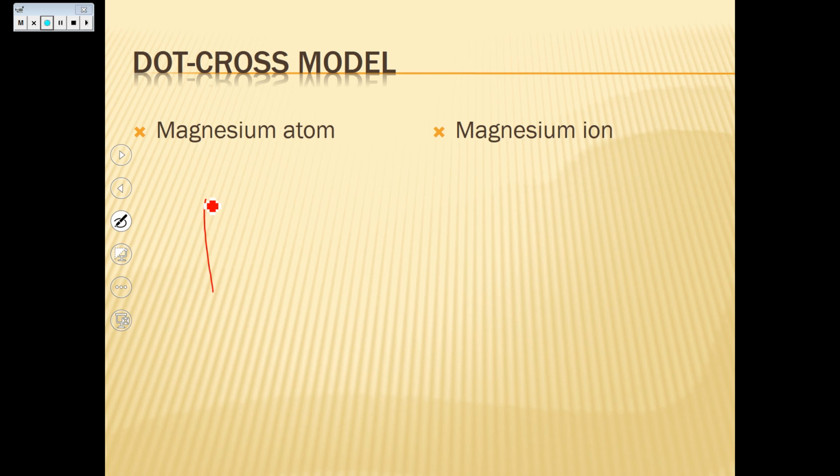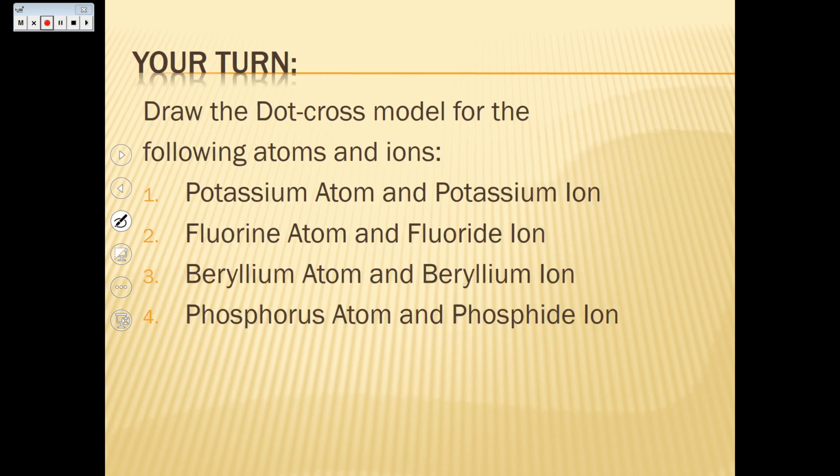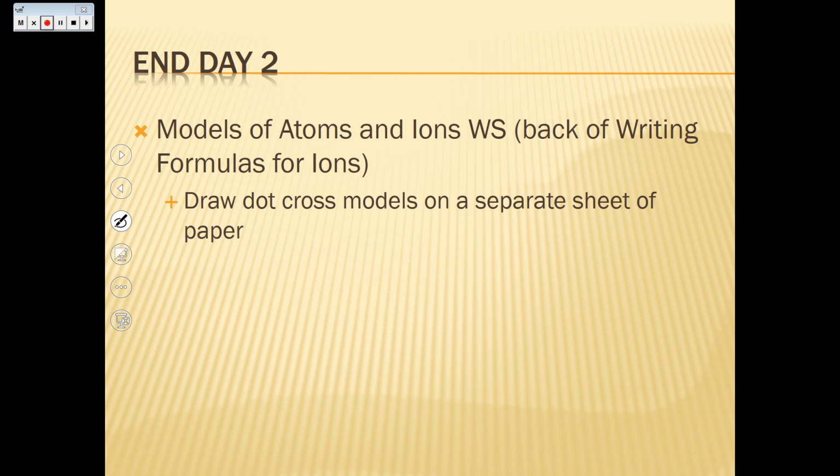Magnesium. So magnesium has 2 valence electrons. In the dot cross model, you represent it with an empty ring. We will do these in class, and that is where we will end for day 2.